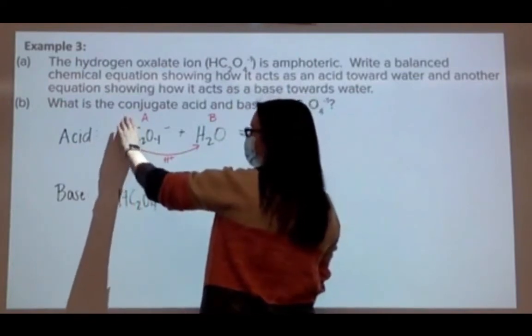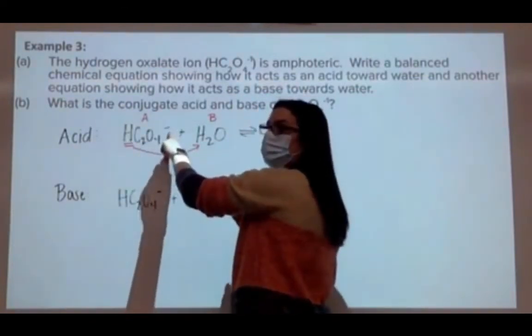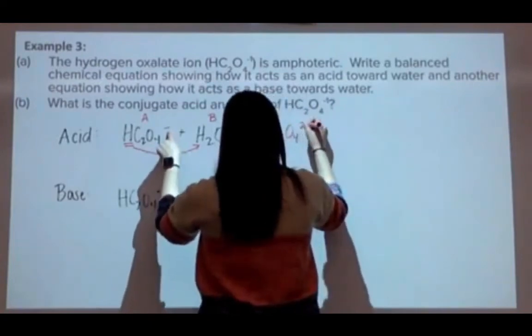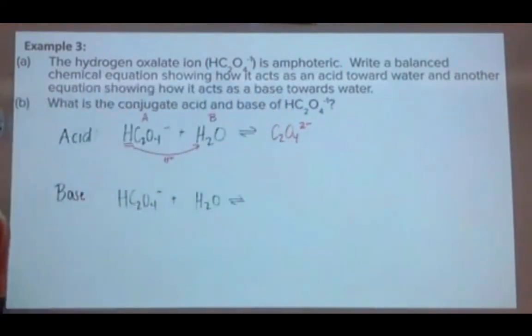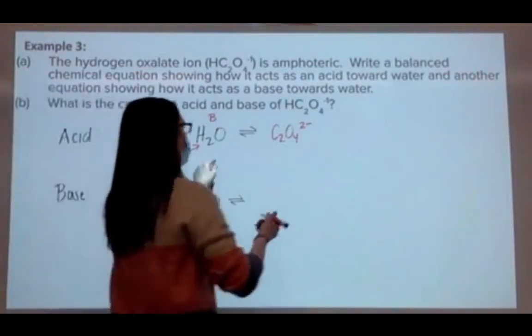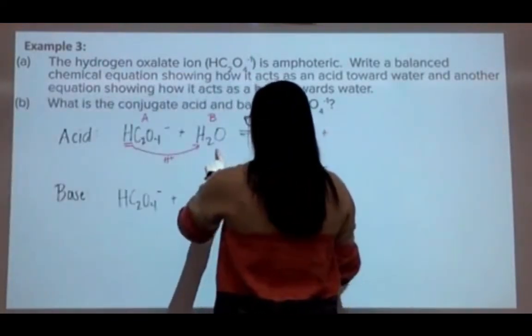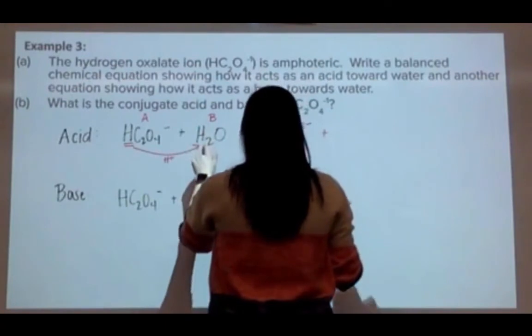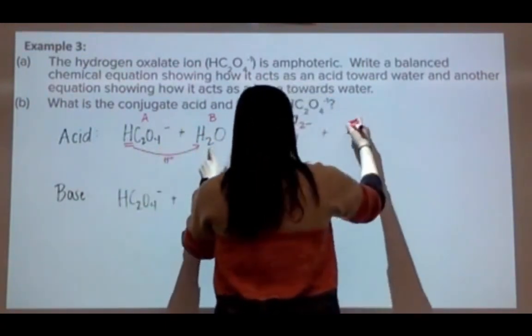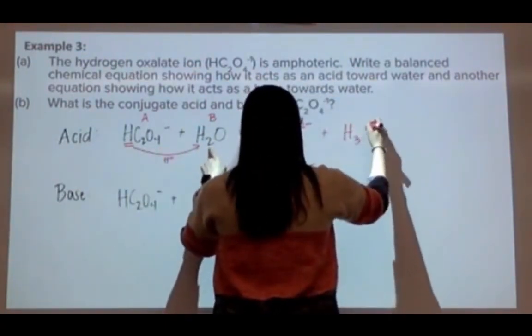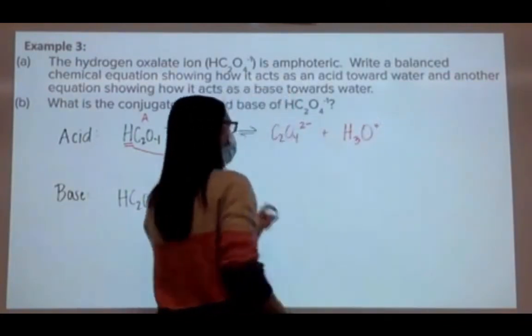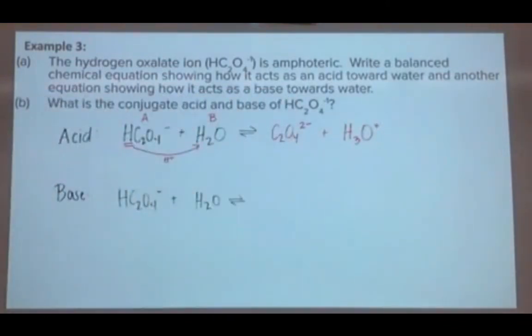It's losing an H, but it's also losing a +1, so subtract 1 from the charge. So the hydrogen oxalate ion, when it loses the H+, becomes oxalate, the oxalate polyatomic ion. And when water accepts the proton, we're adding an H, and we're adding 1 to the charge. It becomes H3O+. It's called the hydronium ion.